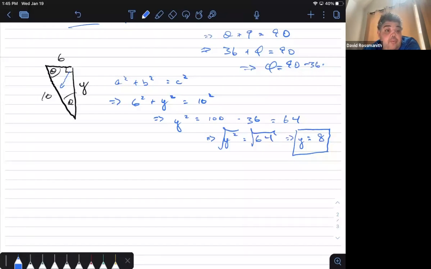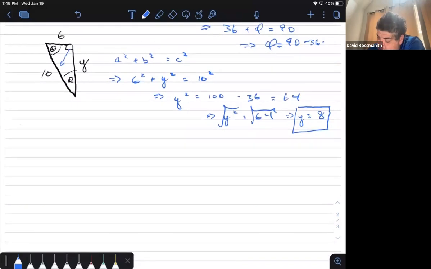Now we have two angles to worry about, theta and phi. Let's look at theta. This time I want to use the data given in the problem. I don't want to use what I just calculated. So what do I know? If here's theta, I know the 6, and the 6 is adjacent.